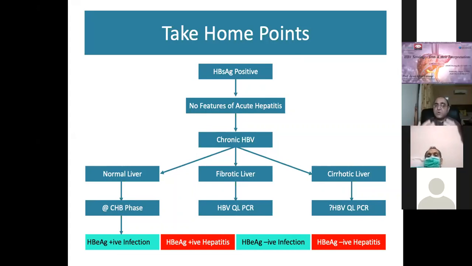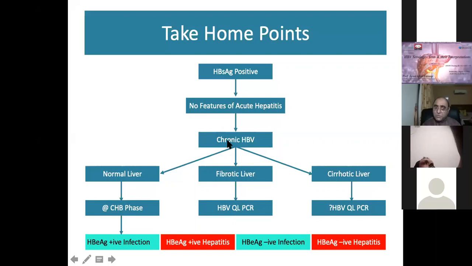If there are no features of acute hepatitis, then this is chronic hepatitis B infection, or chronic HBV. I won't call it infection, to make it clearer. This will be chronic HBV, not acute hepatitis. So now it depends upon the liver status: if the liver is normal, or the liver is fibrotic, or the liver is frank cirrhotic.